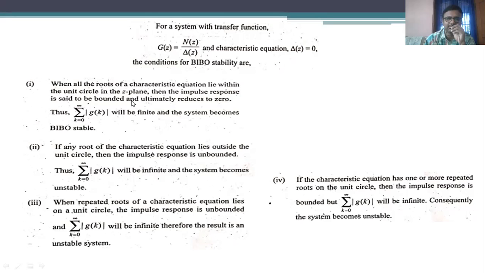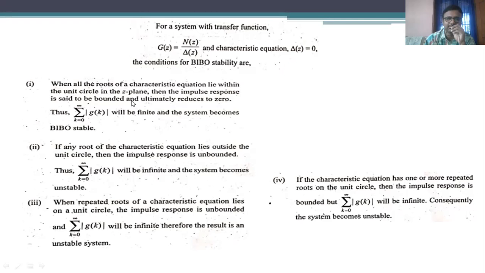And similarly, if you have repeated roots of the characteristic equation lying on the unit circle, that is, repeated poles on the unit circle, then the impulse response of the system is unbounded, and the entire system is taken as an unstable system.